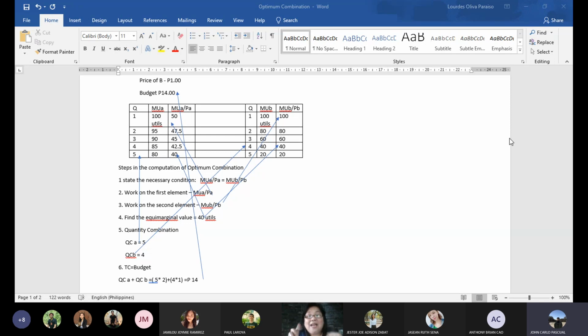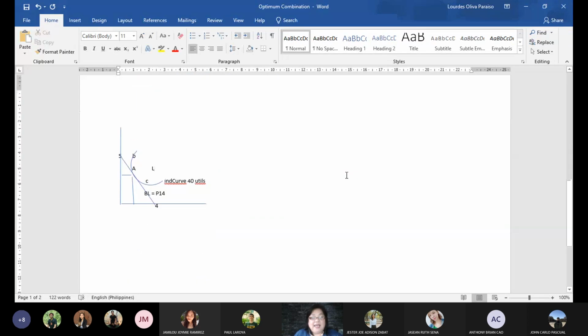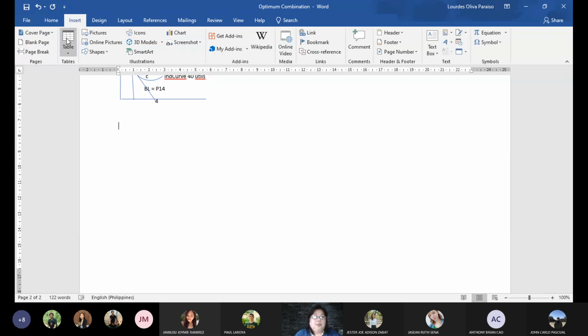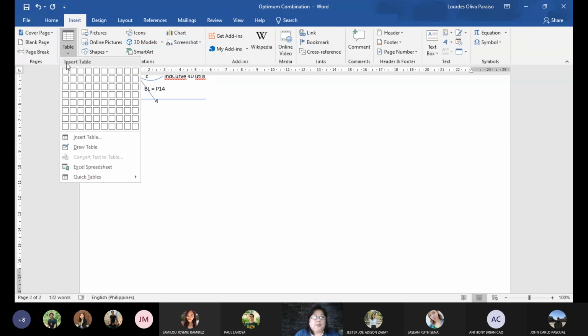Sige. Prepare kayo ng dalawang marginal utility table. Yung parang ginawa ko. Sige, I'll help you out. Okay, ito ha. Table is 1, 2, 3, 4. 1, 2, 3, 4.